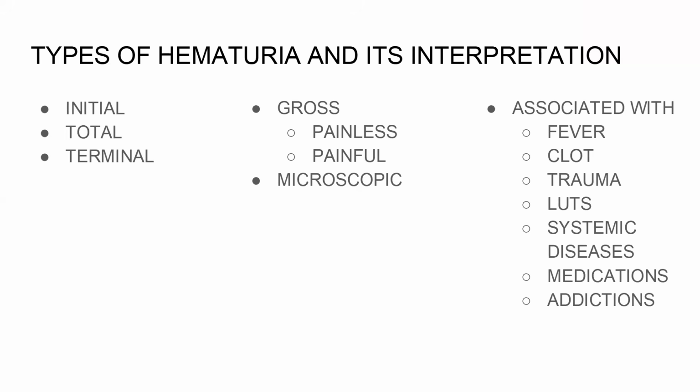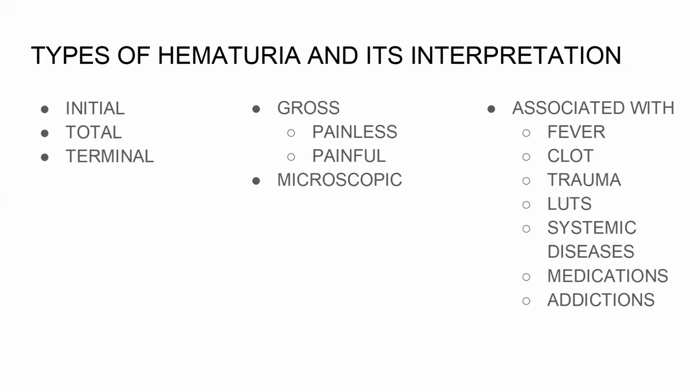Total hematuria will be due to bladder pathology or upper urinary tract pathology, which may be infection, trauma, or tumor. And terminal hematuria is when the patient describes that at the end of urination there is hematuria, and this is due to bladder neck pathology or prostate pathology.